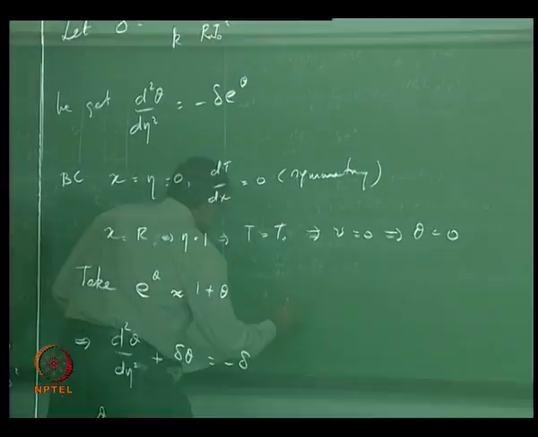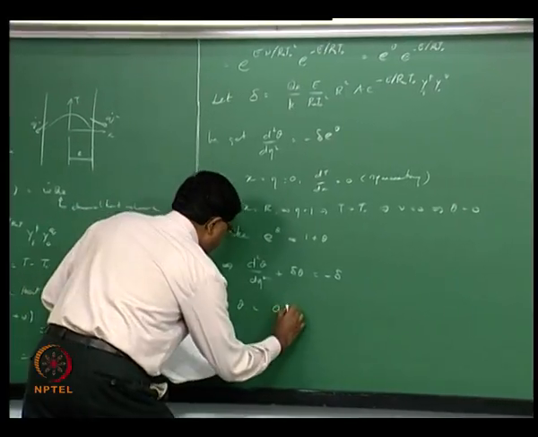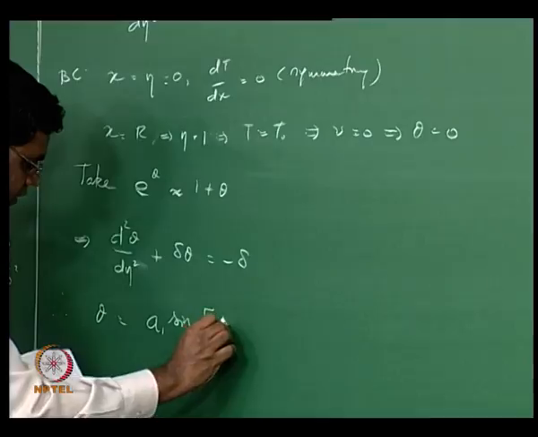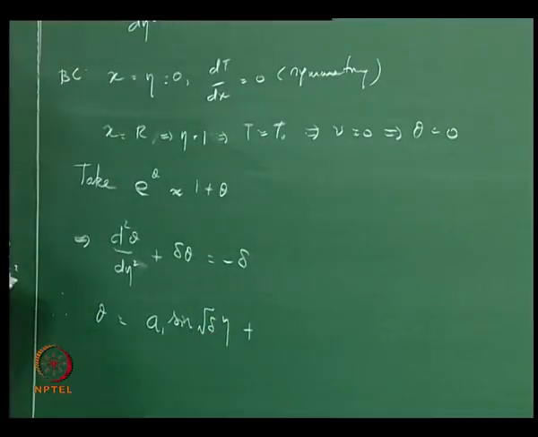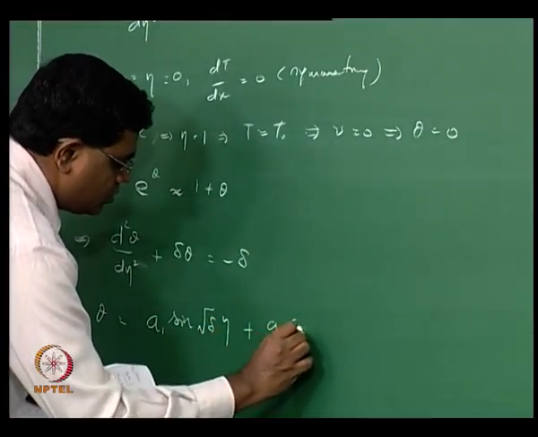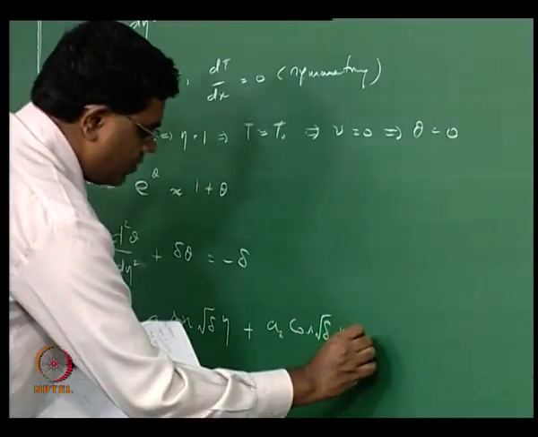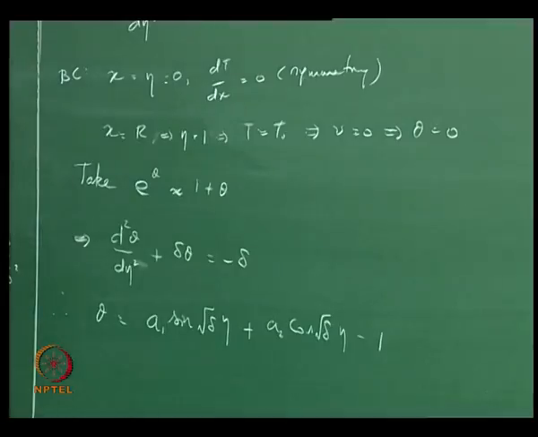theta equals, let's say, a1 sine square root of delta eta plus a2 cosine square root of delta eta minus 1, right?